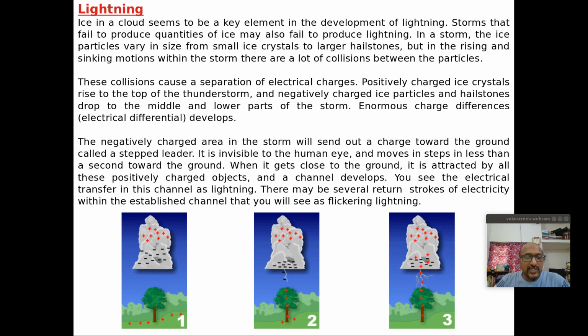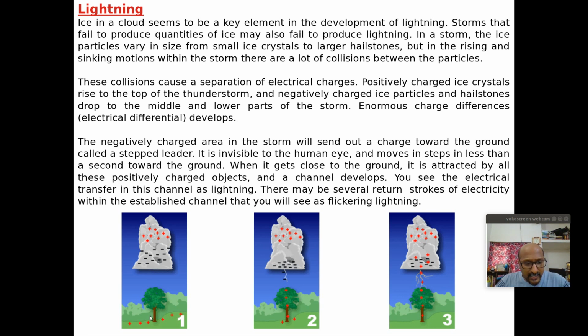The turbulent motion, the upward and downdraft motion, creates a lot of turbulence inside the clouds, so there is a lot of charge separation by the collision of the ice crystals, so that the upper portion of the cloud gets positively charged, and negative charge accumulates in the lower part.